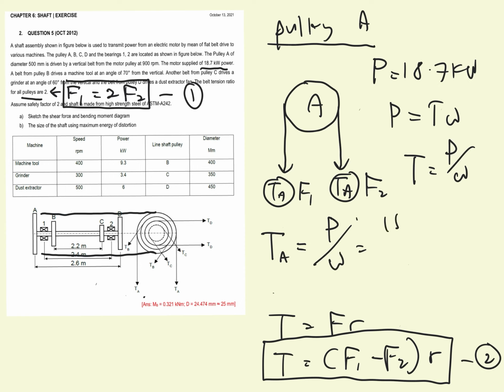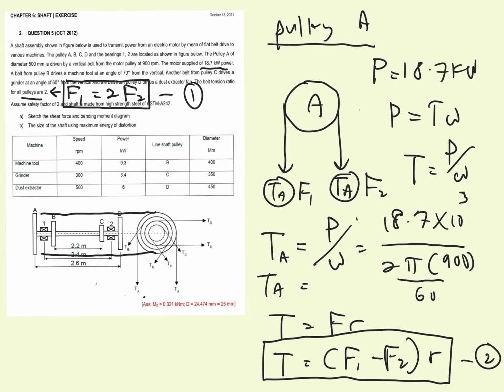So P divided by omega. The value of power is 18.7 kilowatts, divided by 2 pi times the speed of pulley A, which is 900 revolutions per minute, divided by 60 to change into seconds. So at the end we will get the torque at pulley A as 198.413 Newton meters.